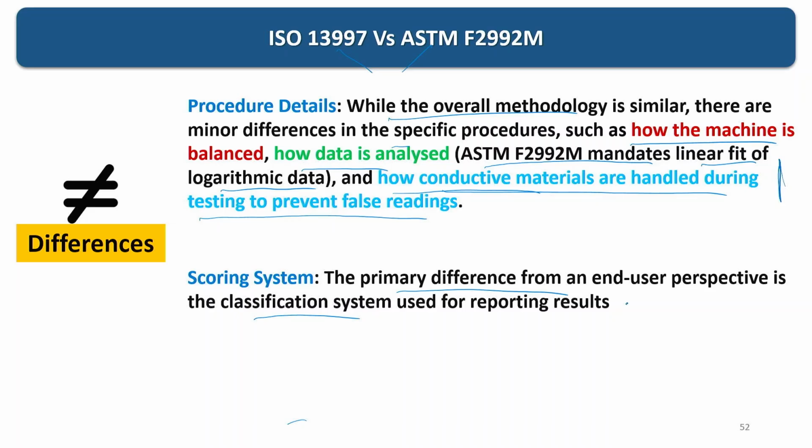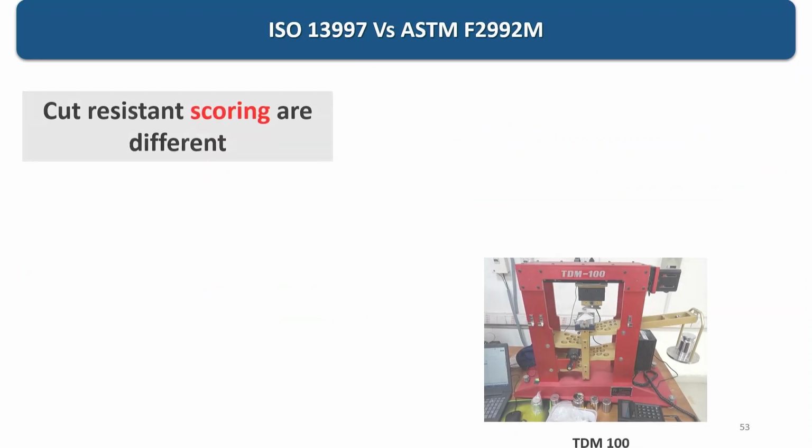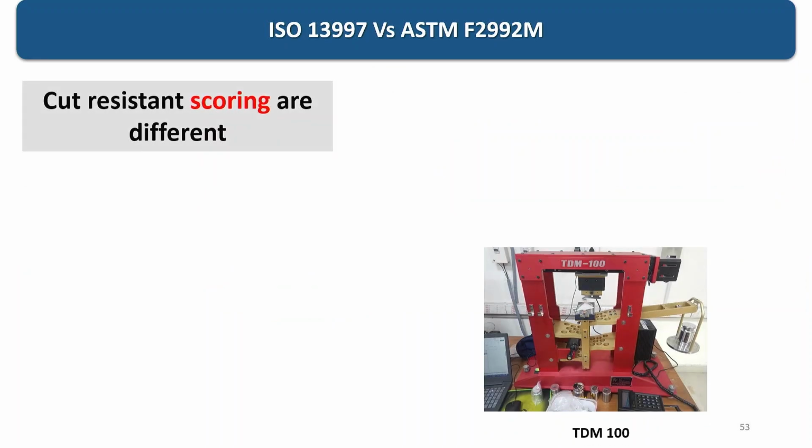So the classifications are different, although their testing methods are the same, and that is why the classifications, meaning the ratings, are different. Now, cut resistant scorings or ratings are different.